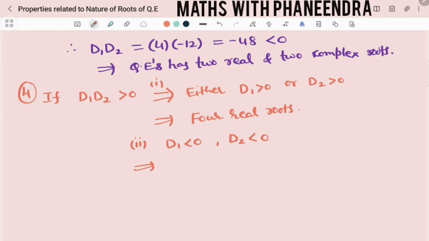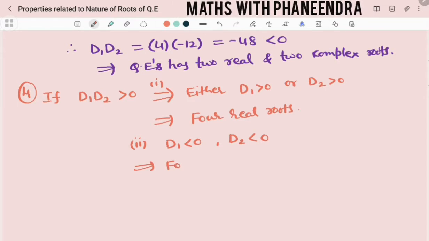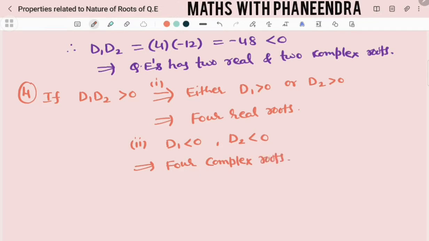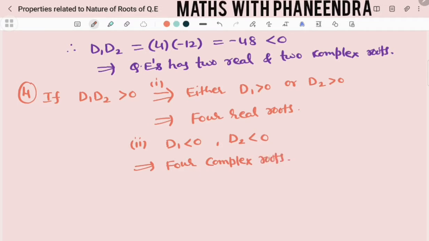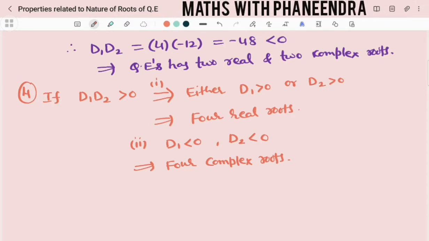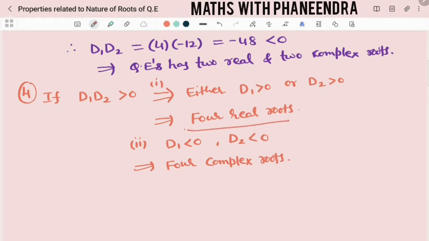So 4 complex roots: here 2 complex roots, here also 2 complex roots. So whenever d1 d2 is greater than 0, either 4 complex roots or 4 real roots.